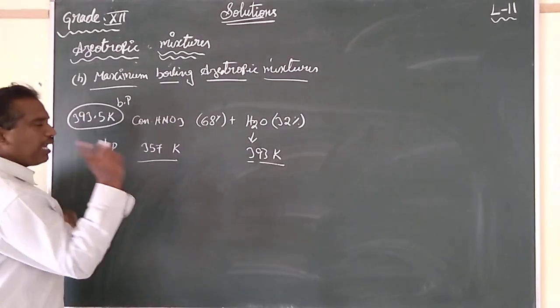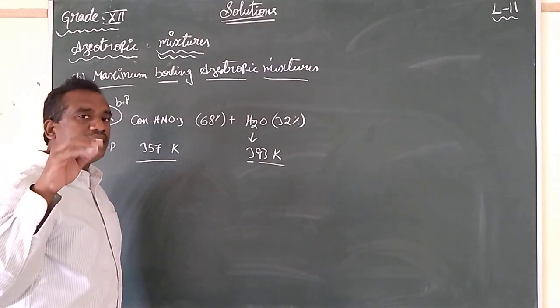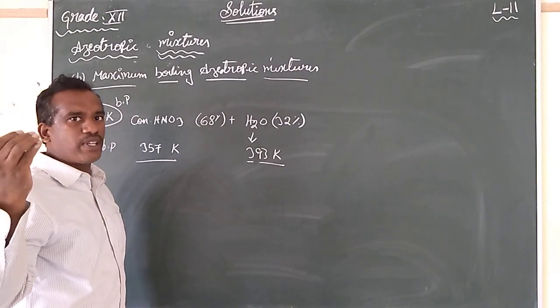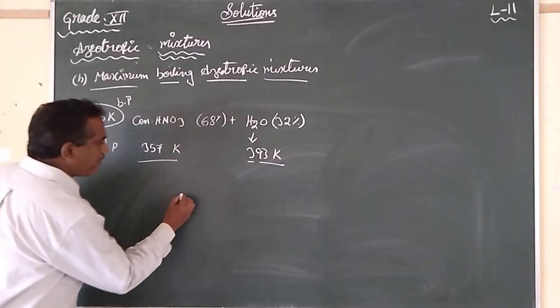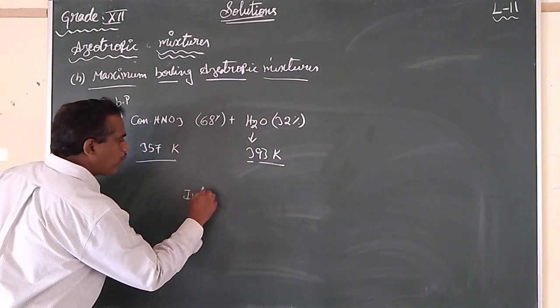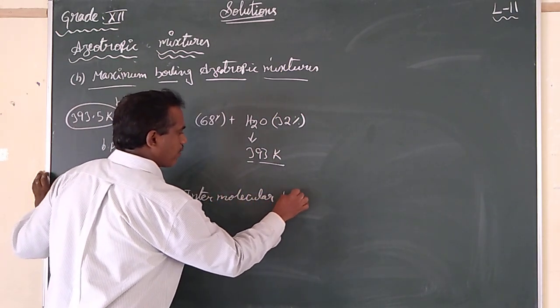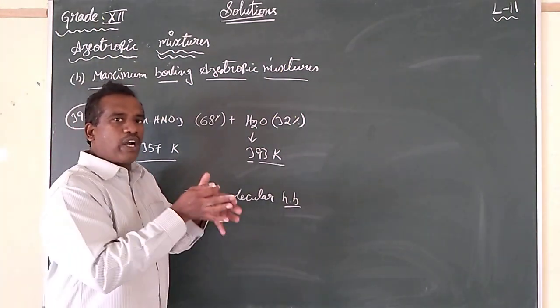Last time when we compared ethanol and water, the mixture showed a positive deviation from Raoult's law. But once you take nitric acid with water, these will form intermolecular hydrogen bonding with each other.